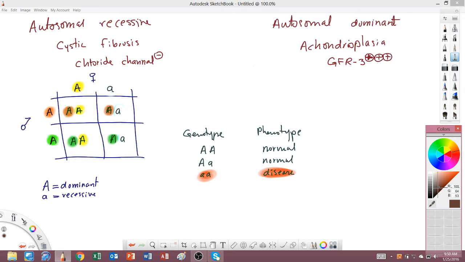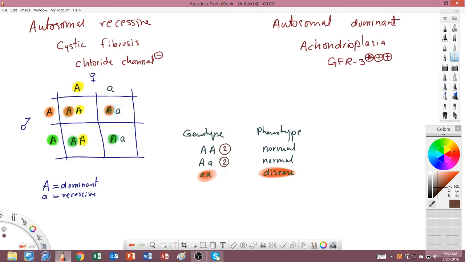How many? 2. How many heterozygous? 0. How many recessive? 0. So there are 0 disease patients, and phenotypically they're all 100% normal. Make sense?